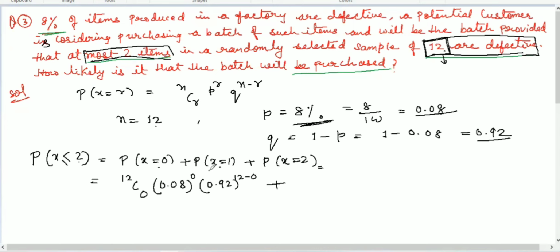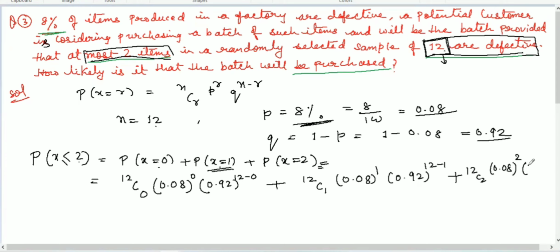Plus 12C1, 0.08 to the power 1 and 0.92 to the power 12 minus 1. Then for this, 12C2, 0.08 to the power 2 and 0.92 to the power 12 minus 2.